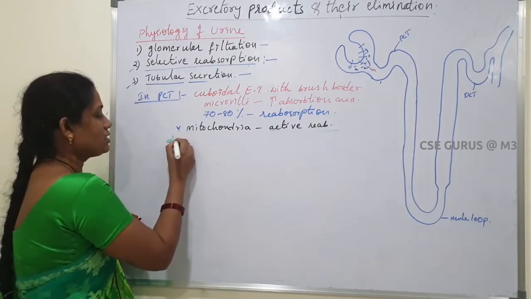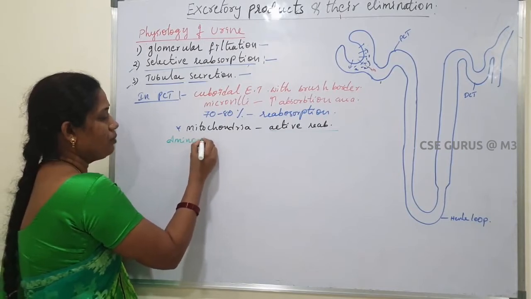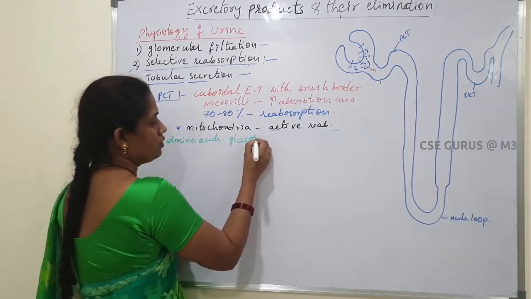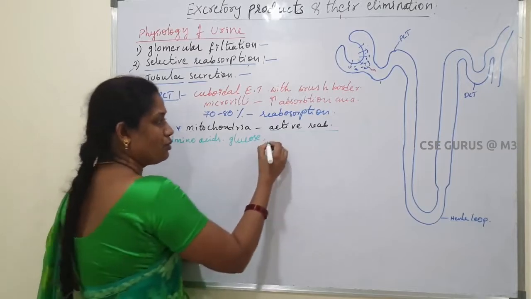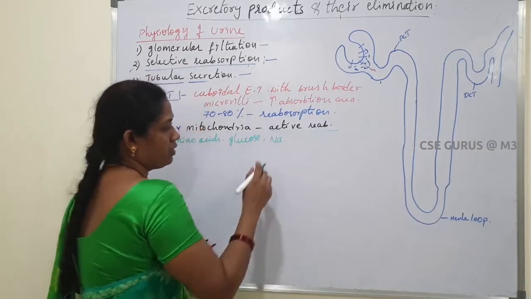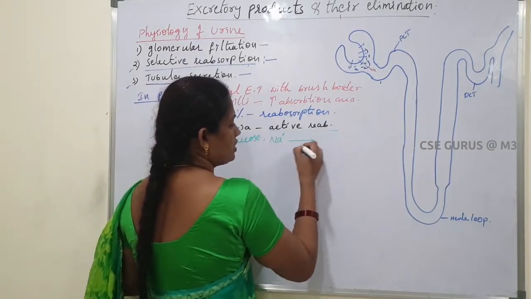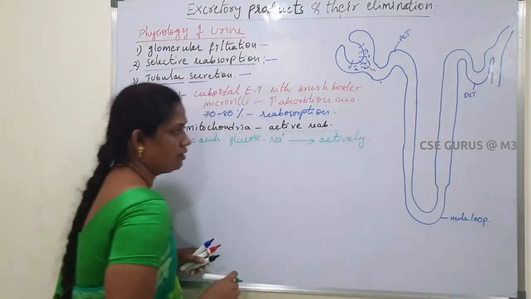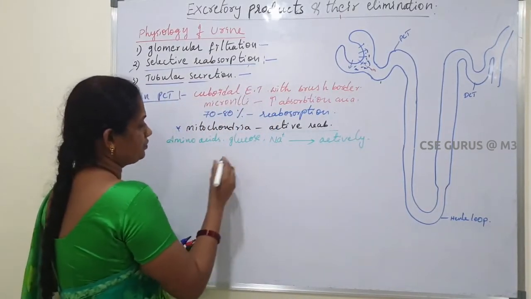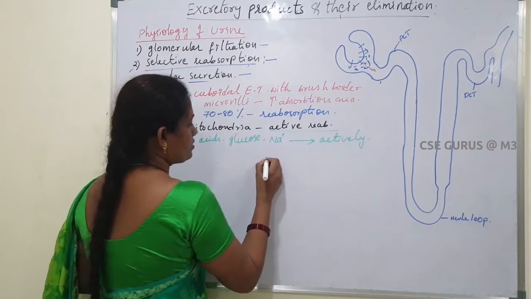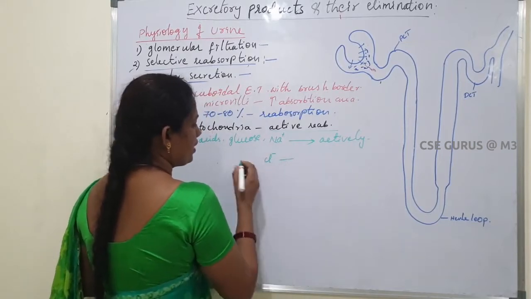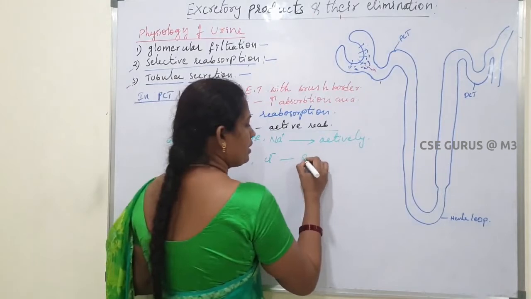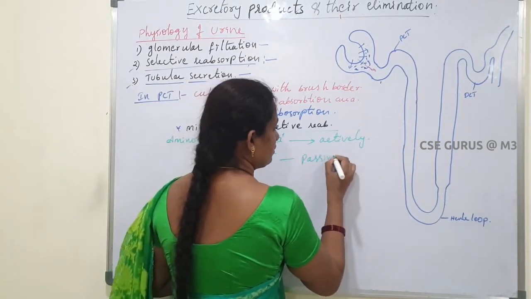Mainly amino acids, glucose and sodium ions are absorbed actively. Potassium and chloride ions are absorbed passively.